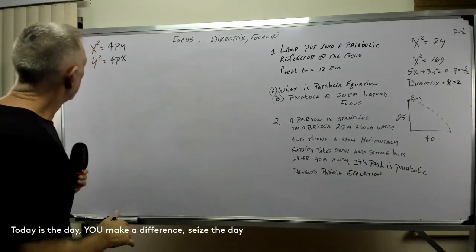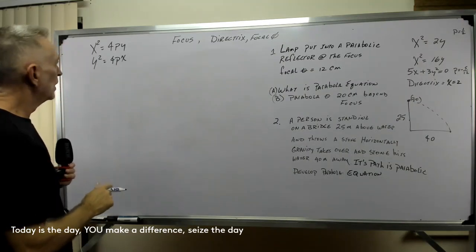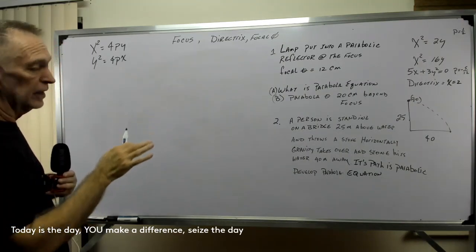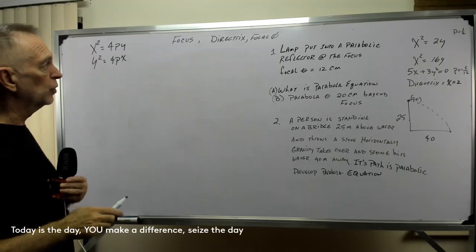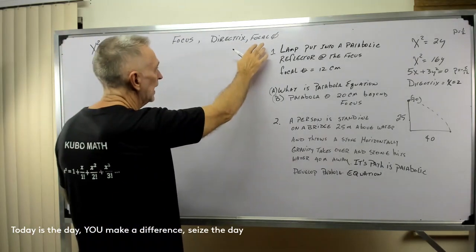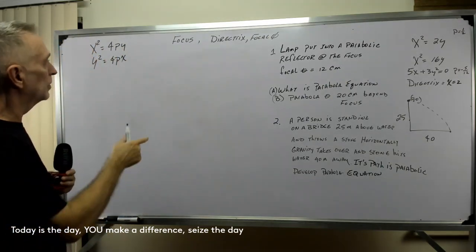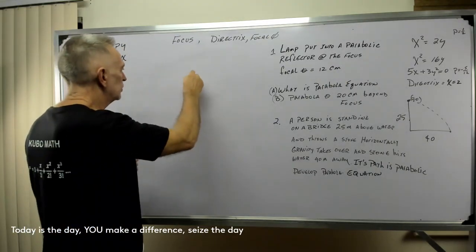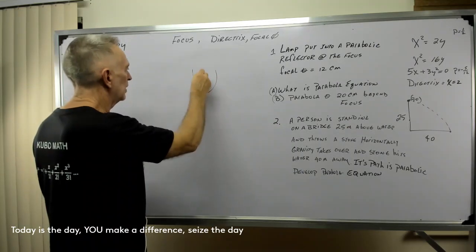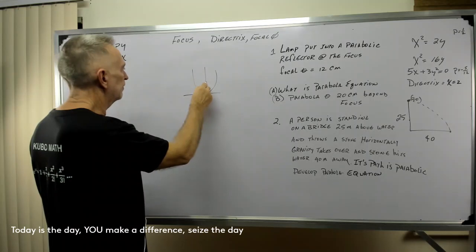Okay, I'm back. All right, I've written our two equations up here, and there are three things we want to know as we work through these problems: the focus, the directrix, and the focal diameter. Now I didn't mention the focal diameter, but what it amounts to is, let's say this is your parabola and it's at the origin, that's the vertex, here's the focus.